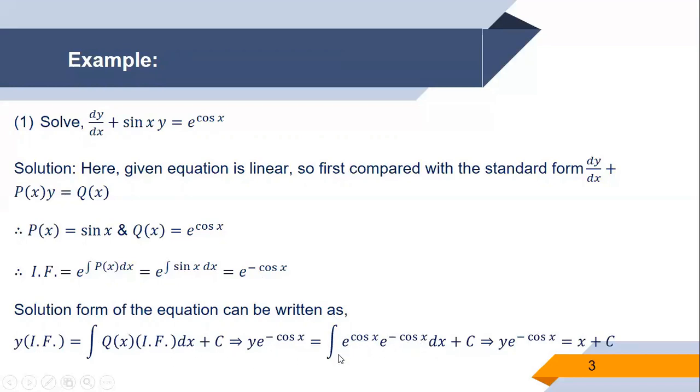So e raised to cos x into e raised to minus cos x is e raised to 0, which is 1, and the integration of 1 is x. So the answer is y e raised to minus cos x is equal to x plus c, which is the required solution of the given first order linear equation.